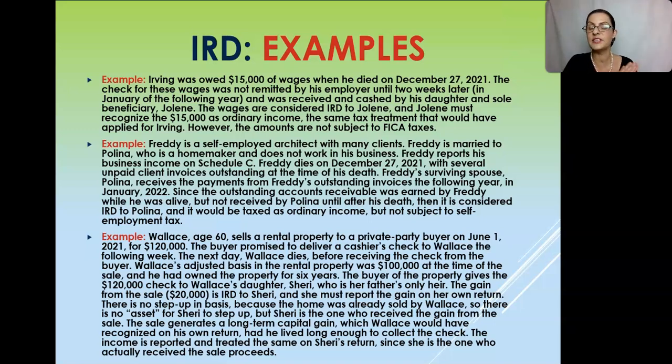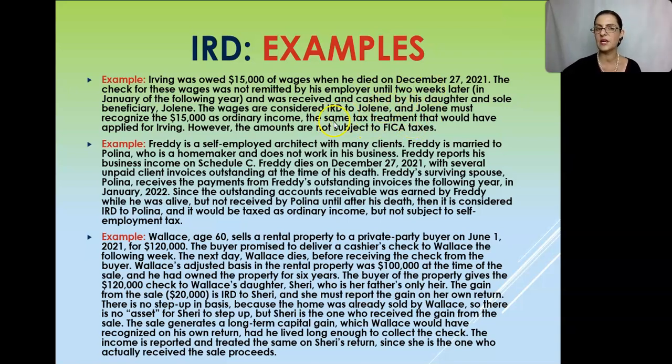The way it would have applied to Irving, it would have been ordinary income to him. But it's not subject to FICA tax, Social Security and Medicare, because Jolene didn't earn this money. She didn't earn these wages. Irving did, but he died right at the end of the year before he could actually receive these wages. So the check was actually remitted to Jolene.